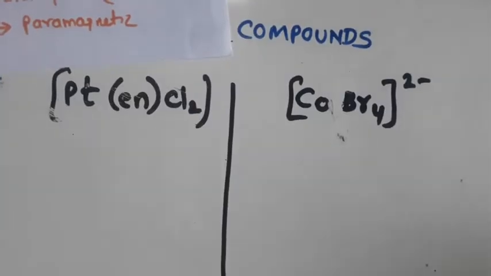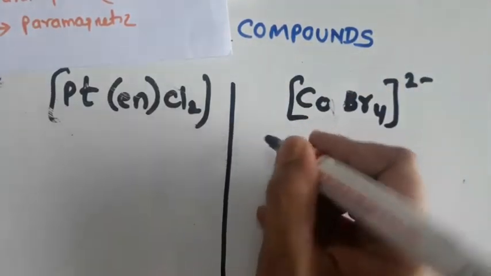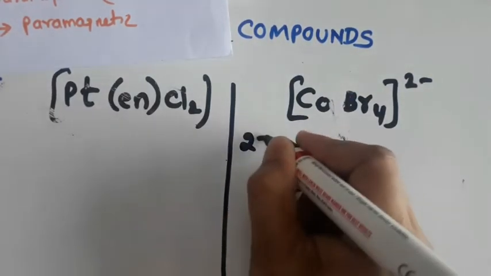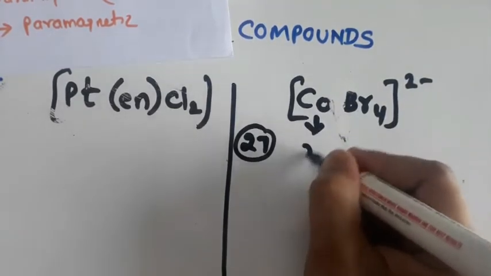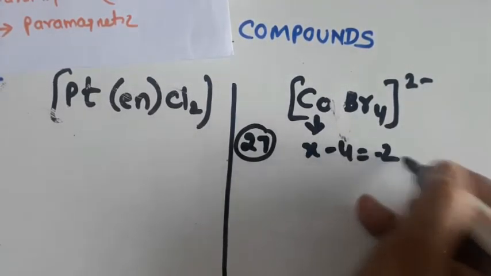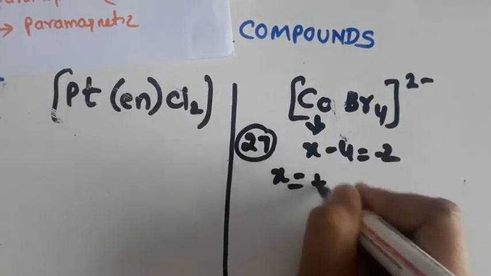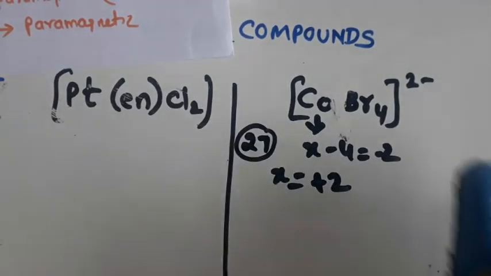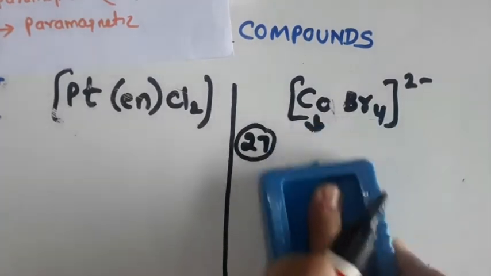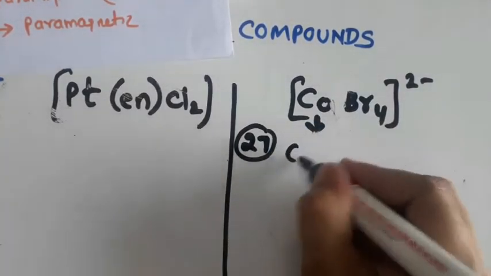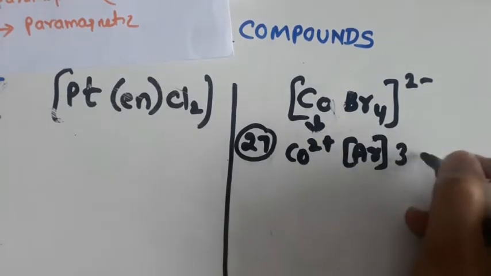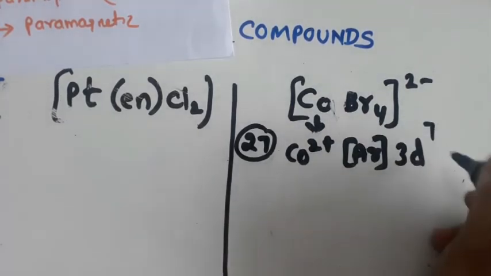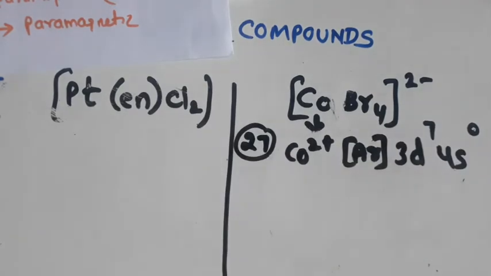Fine. Now cobalt atomic number is 27. In this case the oxidation state of cobalt would be x minus 4 is equal to minus 2, x is equal to plus 2. So it means we have Co plus 2. Okay, so Co plus 2 would have the electronic configuration 3d7 4s0.